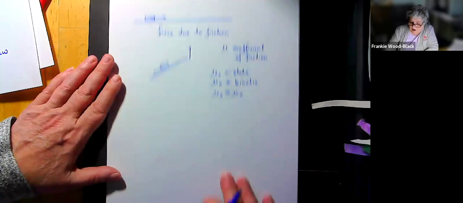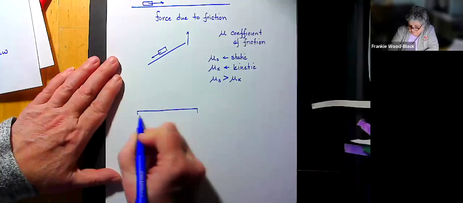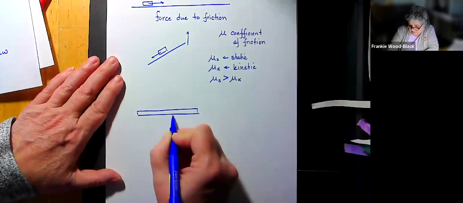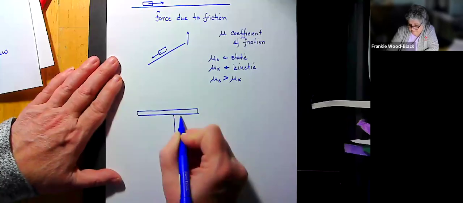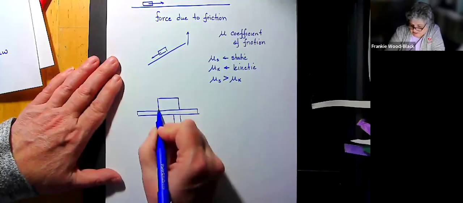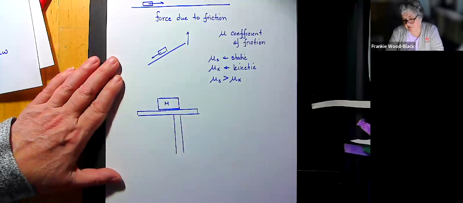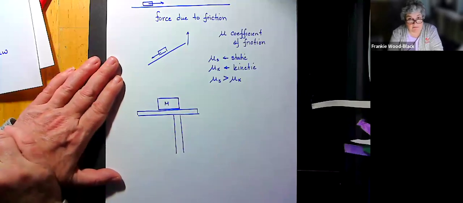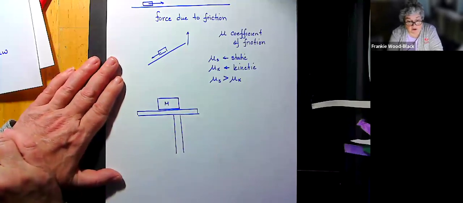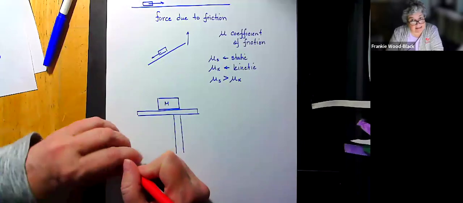Now, let's draw on the tabletop here. And so I've got a tabletop, and I've got a big object that's on my tabletop, and it's got a mass to it. It's not moving, but Newton's third law says I've got something that's dealing with it.